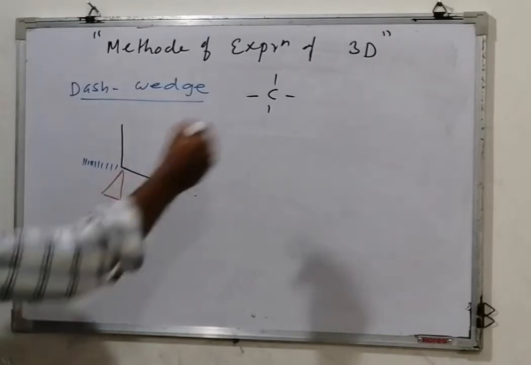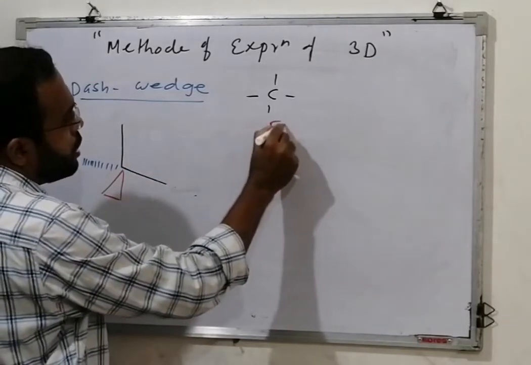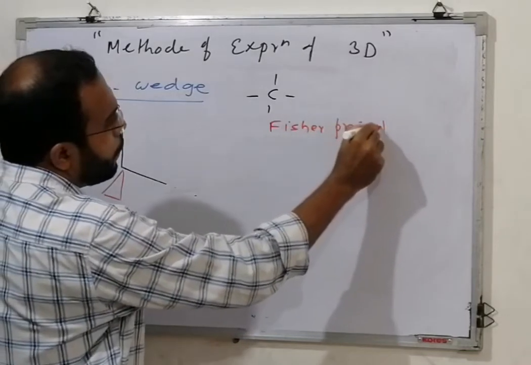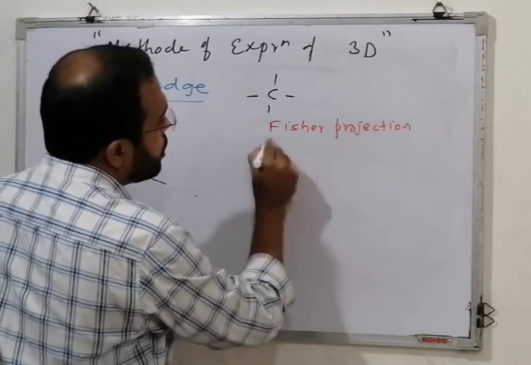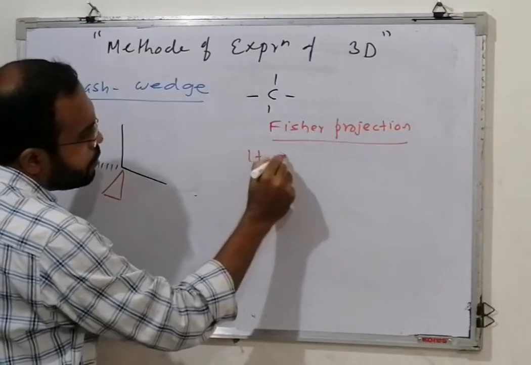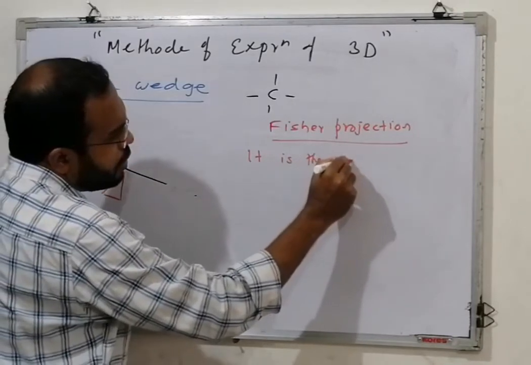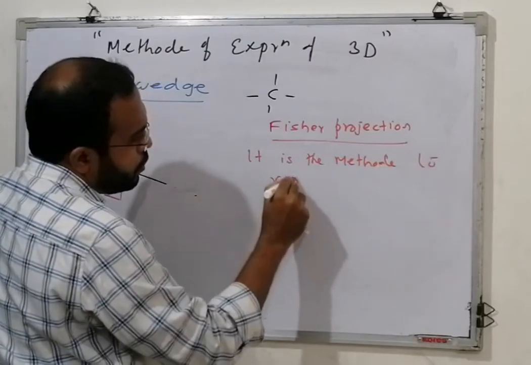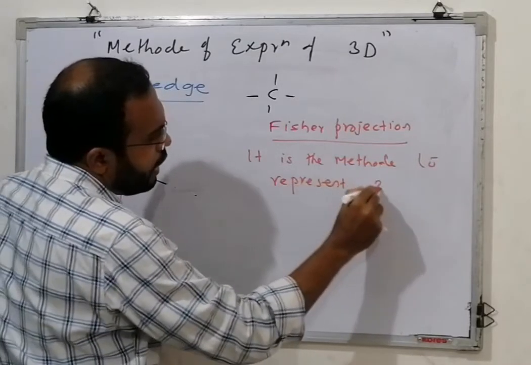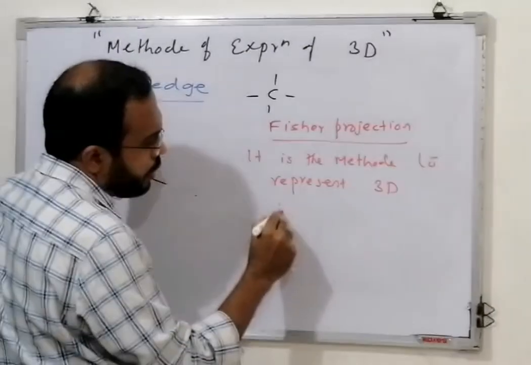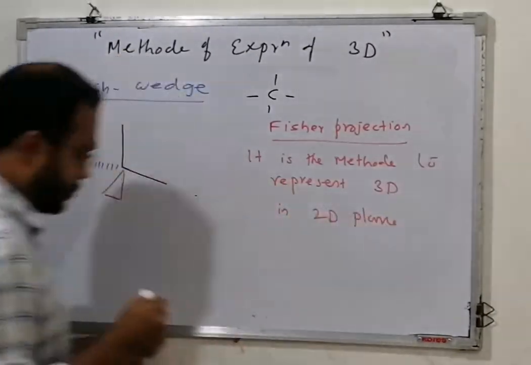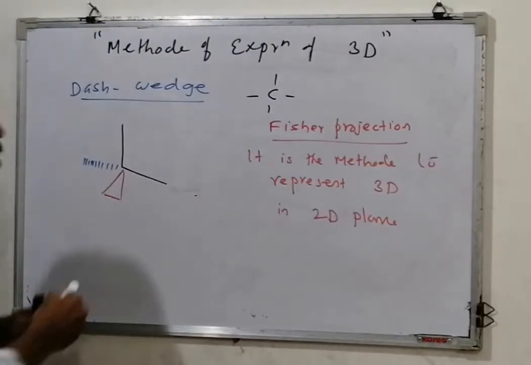Now, another method is the Fischer projection. What is a Fischer projection? It is a method to represent 3D in a two-dimensional plane, very simply.